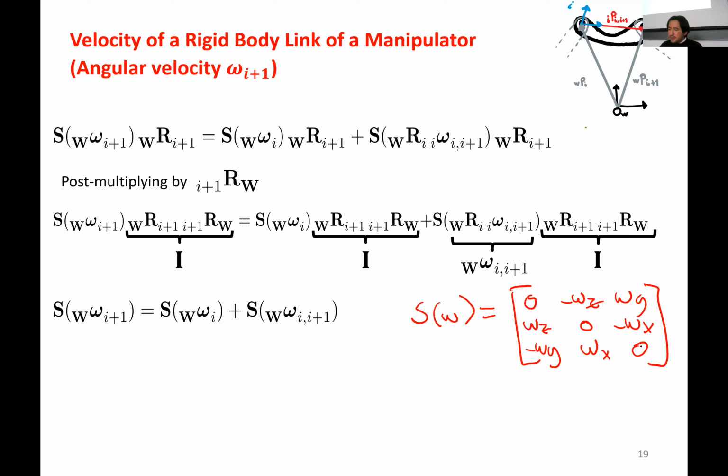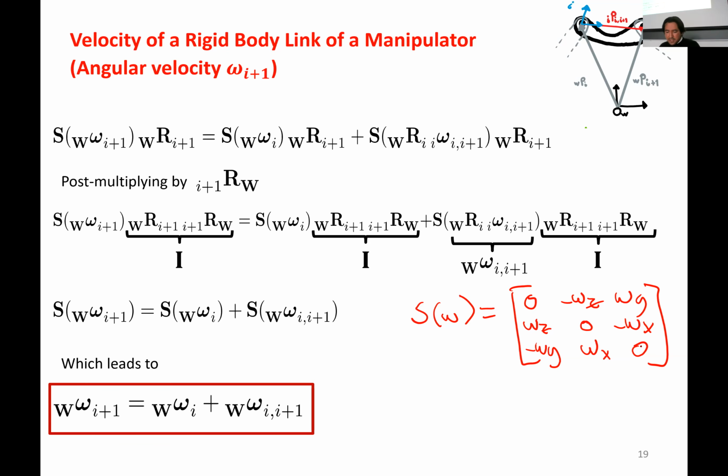Because we're using the same operator in all three terms, we can just say that the angular velocity of link I plus 1 is equal to the angular velocity of the predecessor link plus the angular velocity from the predecessor link, which is I to I plus 1. Is this clear? Any questions?